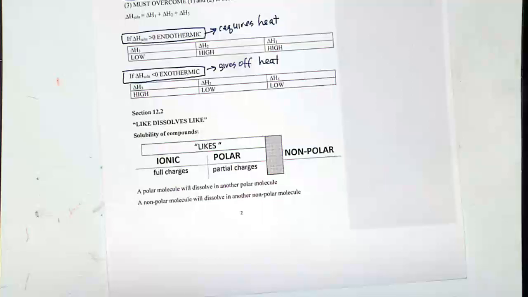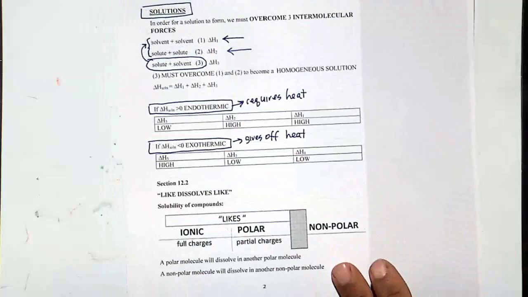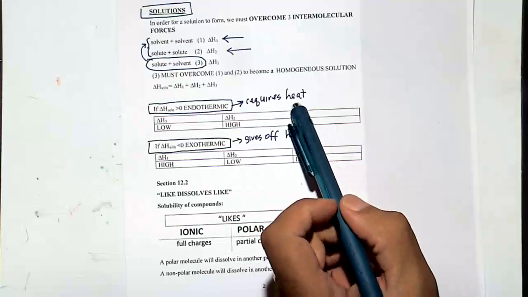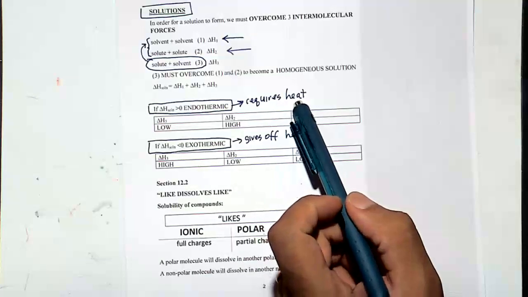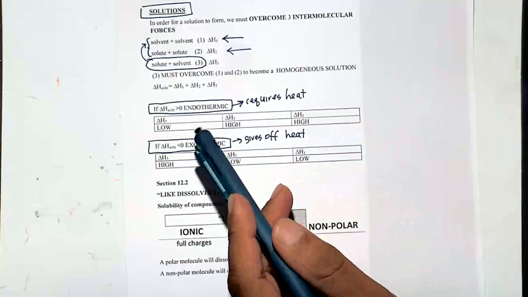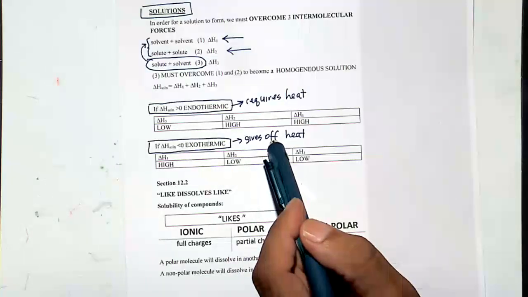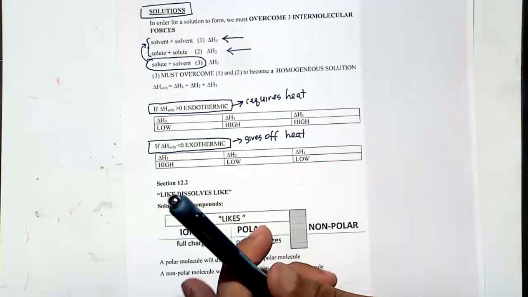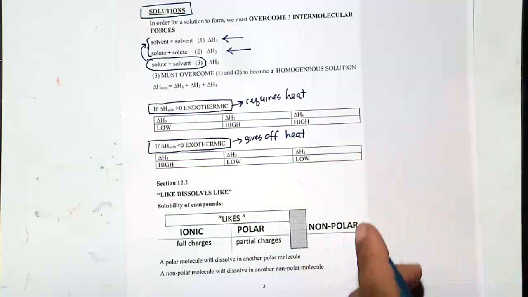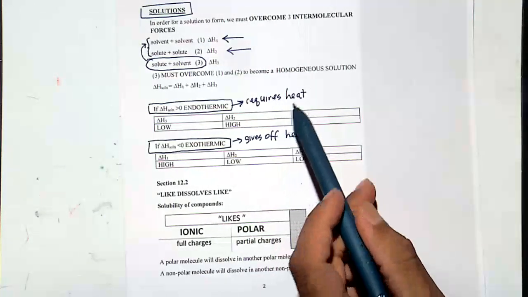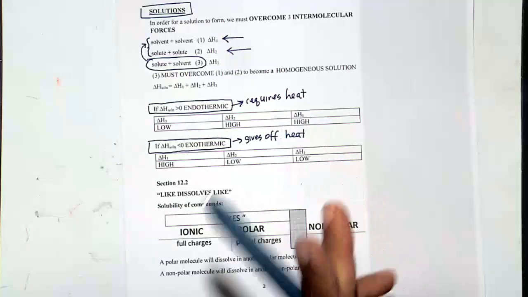Freezing point depression, lower freezing point. And an osmotic pressure. Okay. And sometimes to make a solution, does it require heat? Yes. Some solutions require heat, so that's endothermic. Some solutions give off heat. So it's just a matter of overcoming the IMF. Heat can really overcome some of the IMFs.